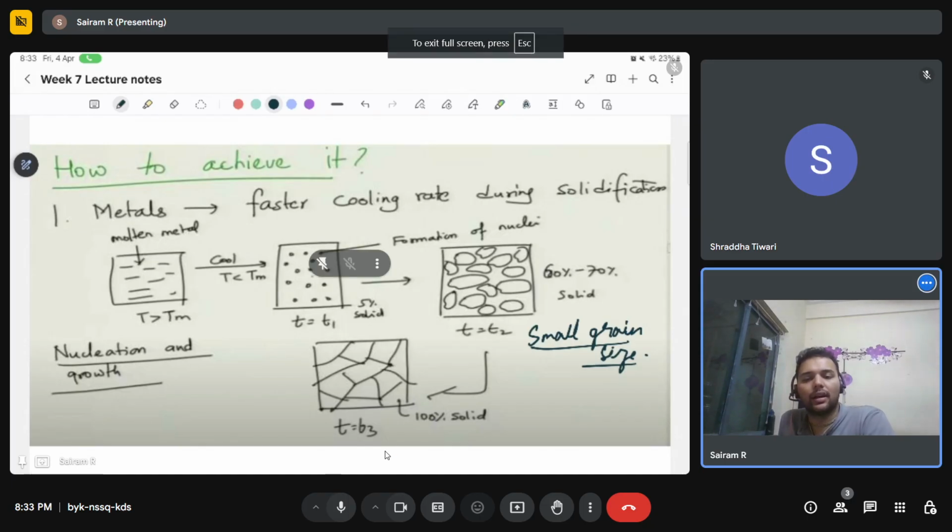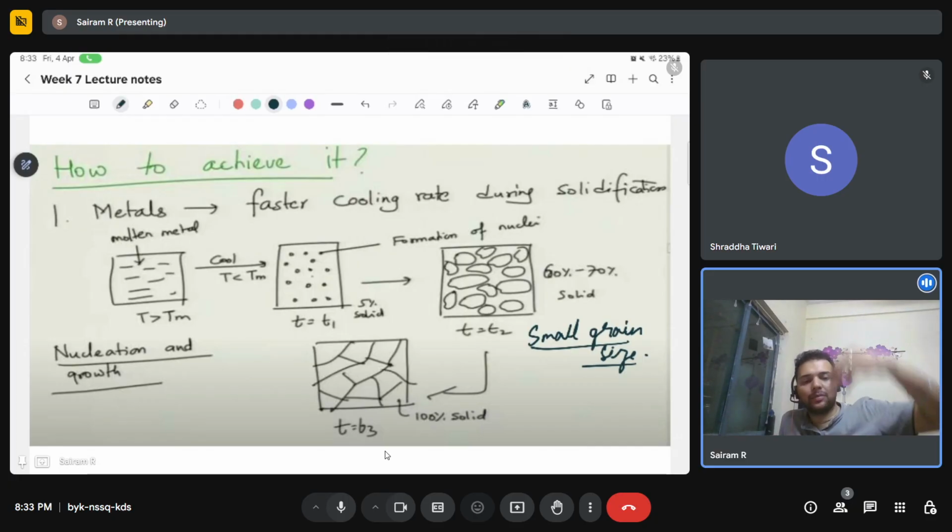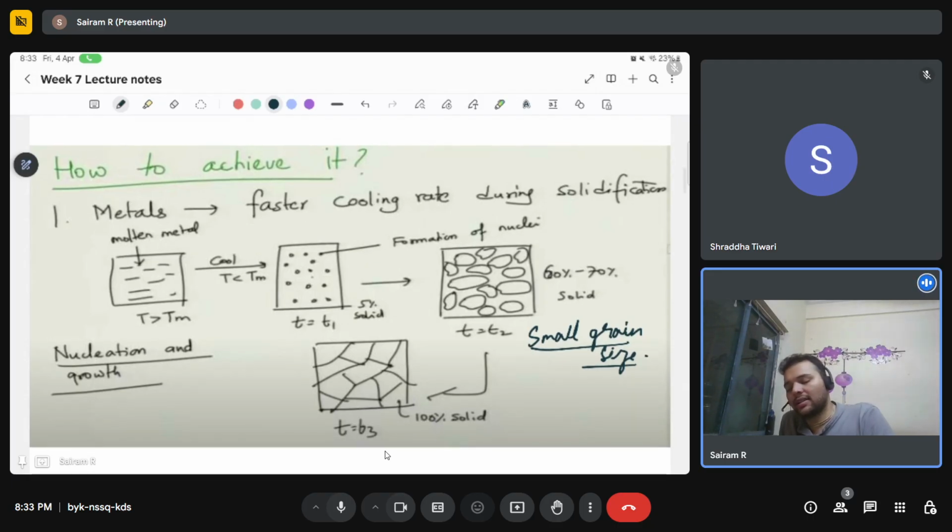One is basically a top-down approach, where when we form the basic microstructure of the crystal itself, we try to make sure that we are able to form extremely fine microstructures. To form these very fine microstructures, we have to have a very good handle on the thermodynamics and the kinetics of a system.